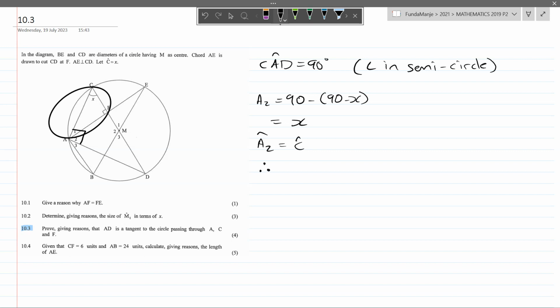Therefore, if A2 is equal to C, that means AD will be a tangent, or is a tangent. And that reason would be the converse tan-chord theorem.